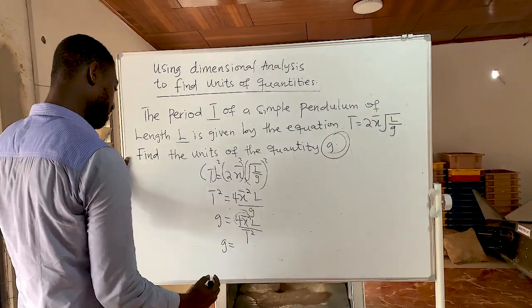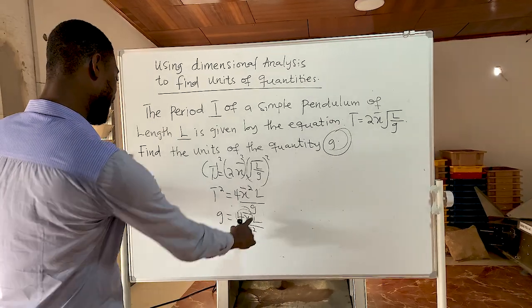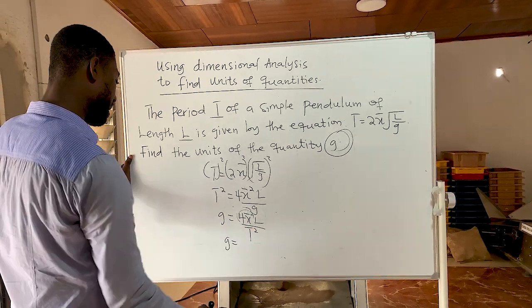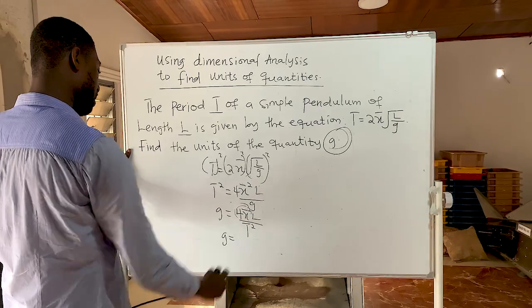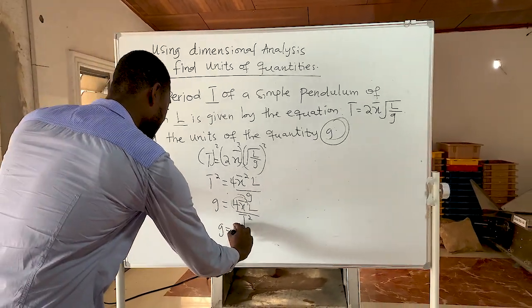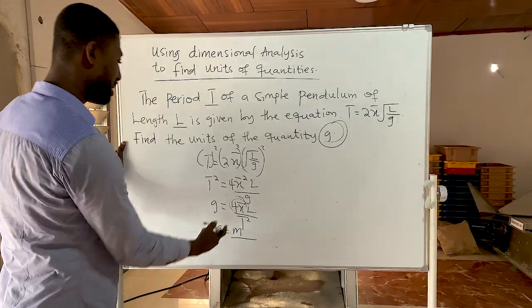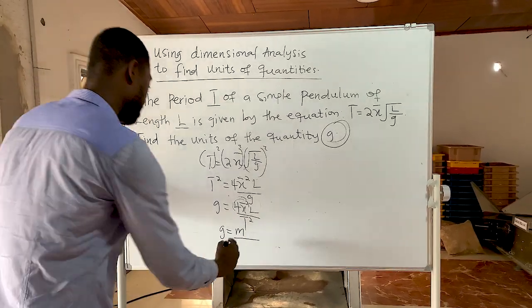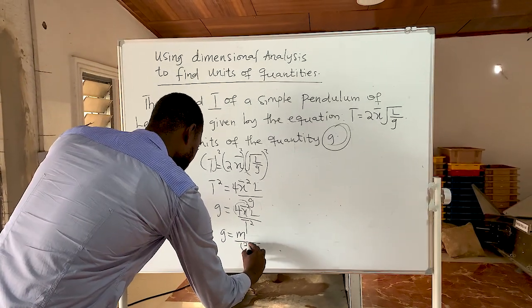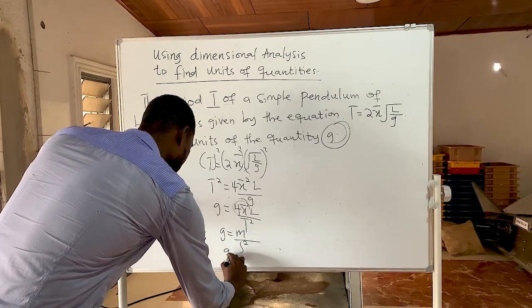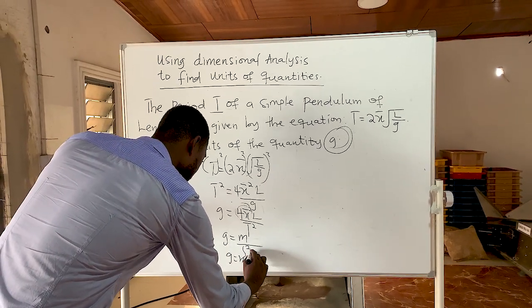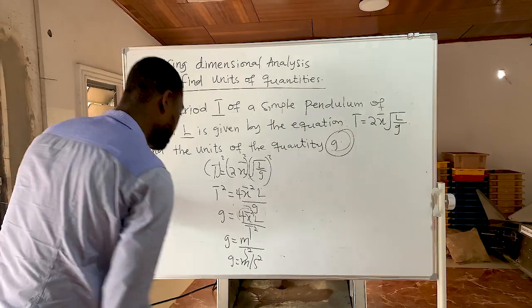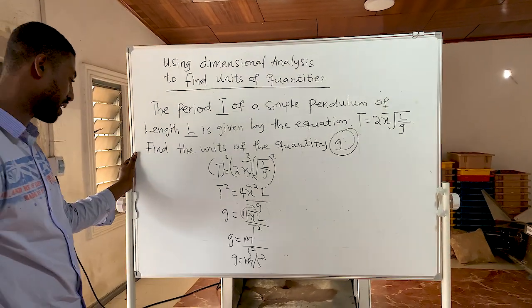And here, the dimension of length is L, and the unit of length is meters. This is time, dimension is T, and the unit of time is seconds, so seconds squared. Therefore, G will be equal to meter per second squared.